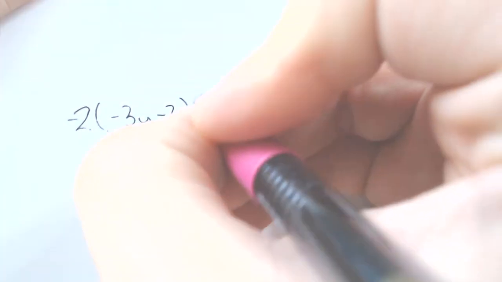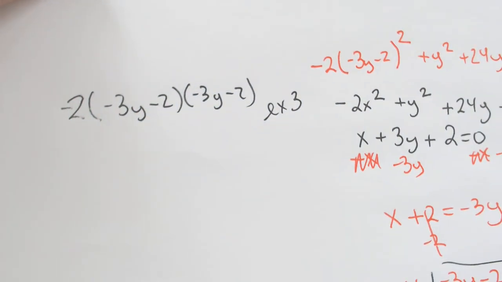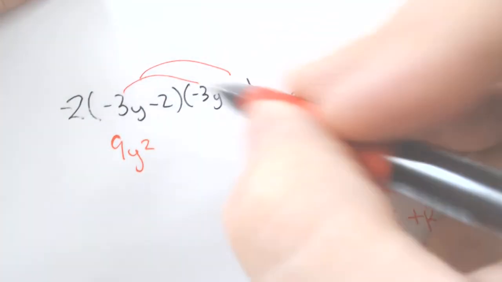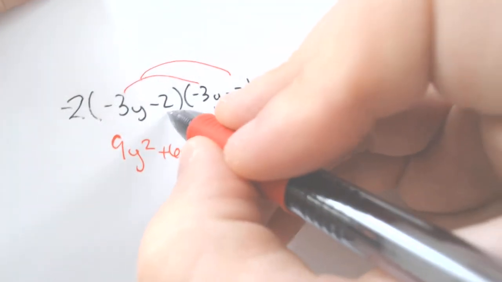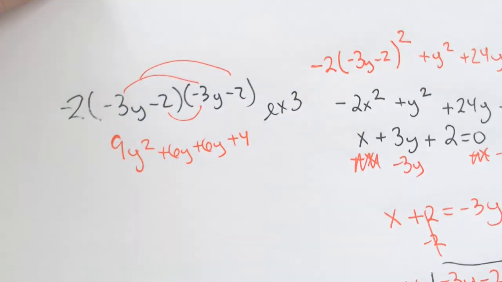If we have negative 2 times a negative 3y minus 2, I'm going to write it out twice because you have to FOIL that out. You can't distribute the negative. So we FOIL this. We get 9y squared plus 6y plus 6y plus 4.